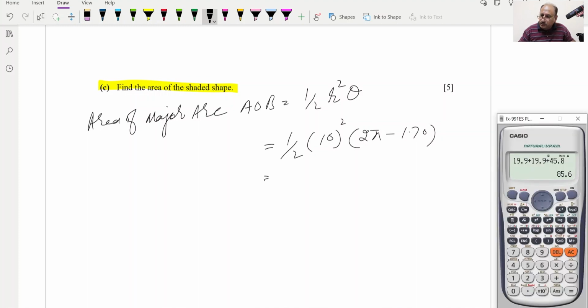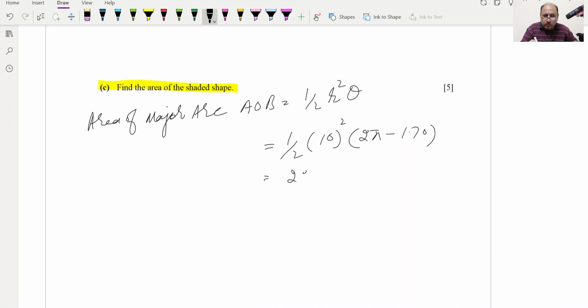This will be 0.5 into 100, 10 squared, into, in brackets, 2 pi minus 1.70, bracket close, and this will be equal to 229.159.